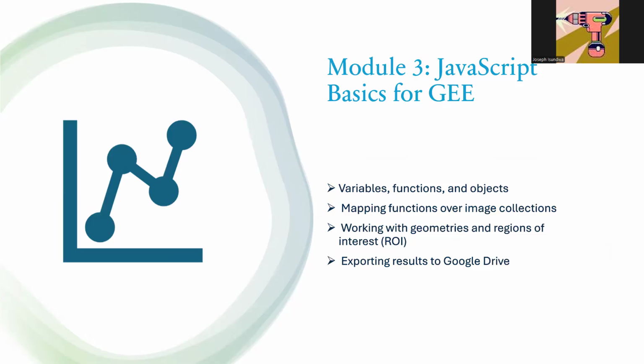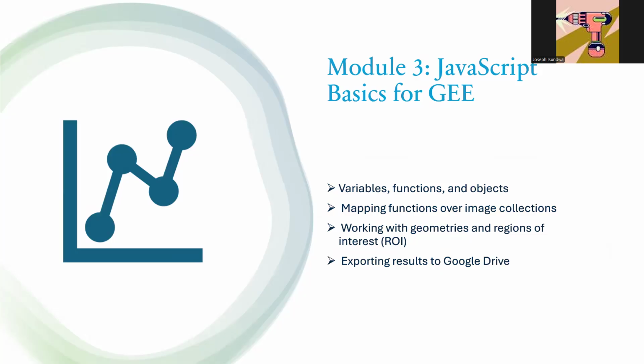Under these, we are going to learn how to use JavaScript variables, how to declare variables, functions, and objects, how to do mapping functions over image collections, and also working with geometries and region of interest or area of interest, depending on how you prefer it.